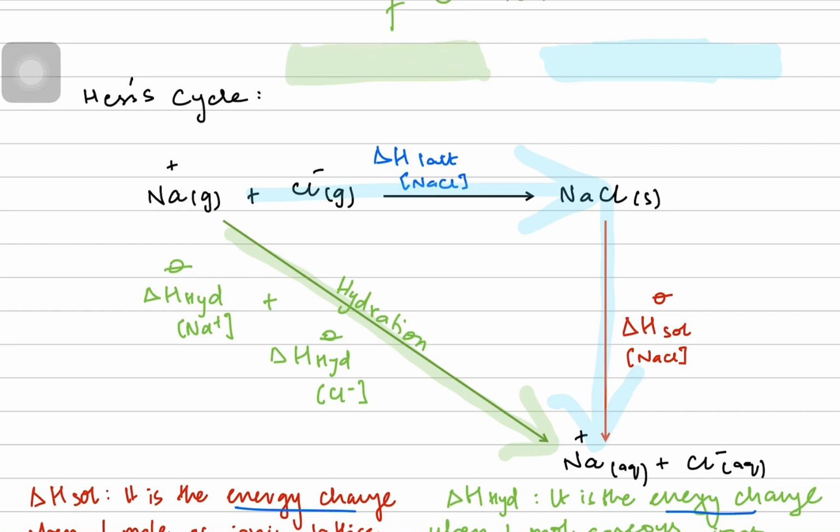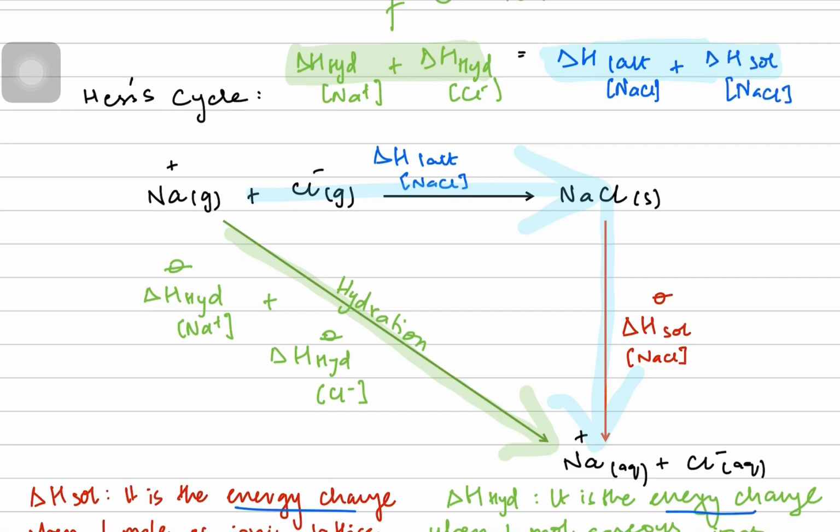The direct steps were hydration of sodium ions and the hydration of chloride ions. They were together equal to the formation of lattice, so lattice energy for sodium chloride, and then dissolving this lattice, so the solution of sodium chloride. This is the equation that we'll use.